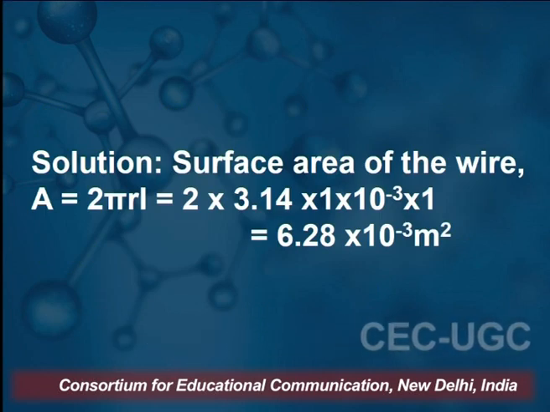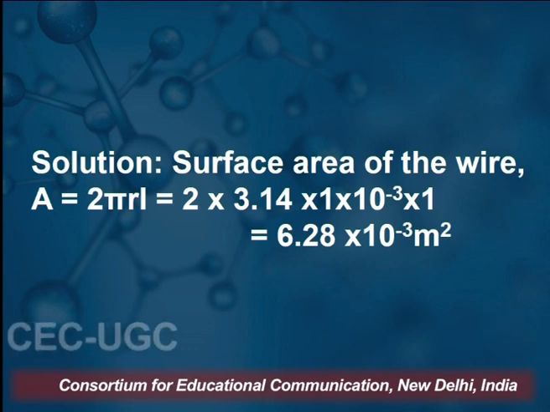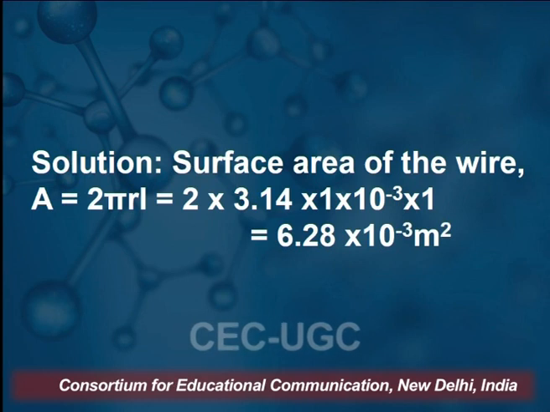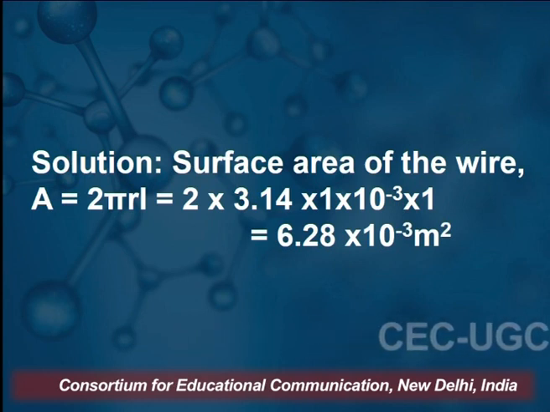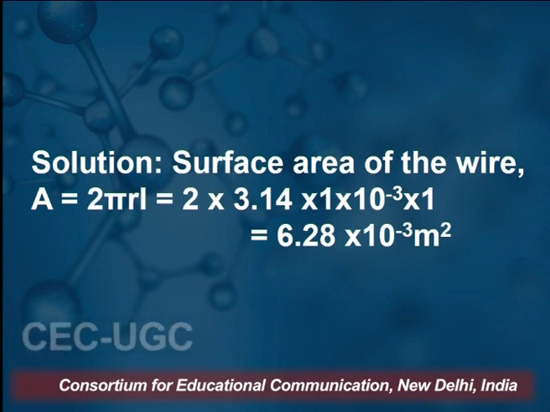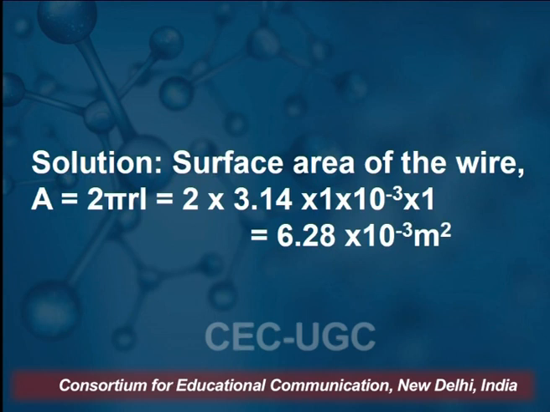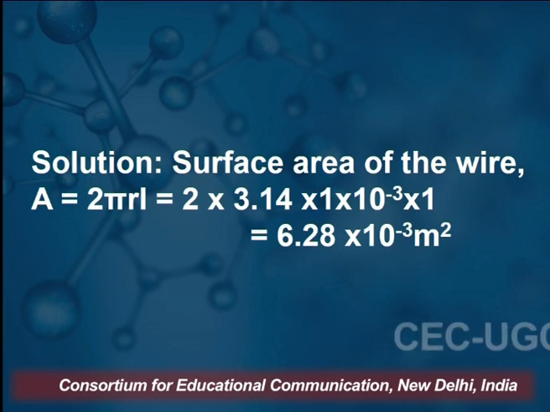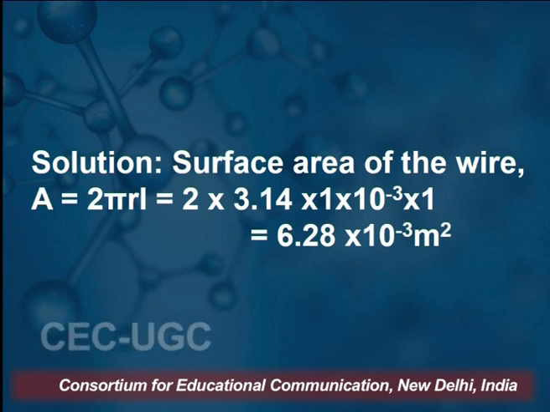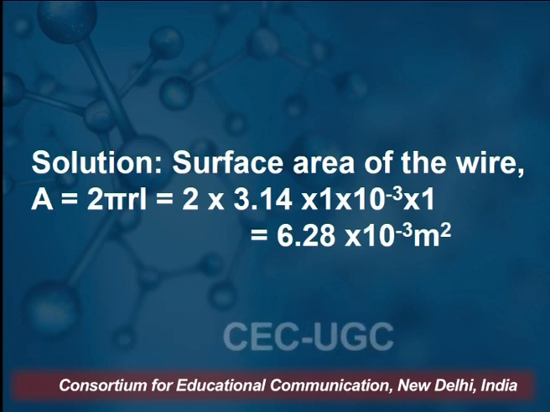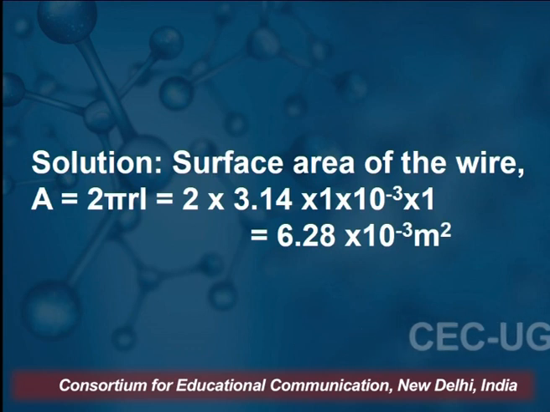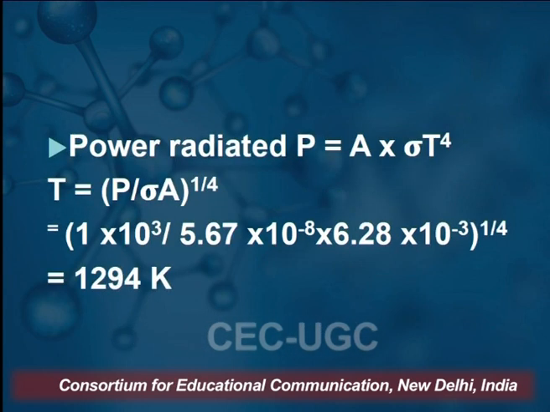So first we will calculate the surface area of the wire. The surface area of the wire is given by 2 pi RL because the wire is cylindrical in shape. So substituting the relevant values, 2 into 3.14 into 1 into 10 to the power minus 3 into 1. Simplifying this, we get the area of the wire is 6.28 into 10 to the power minus 3 meter square.